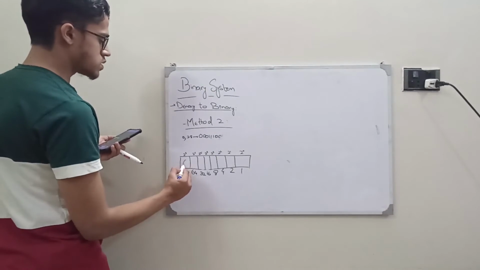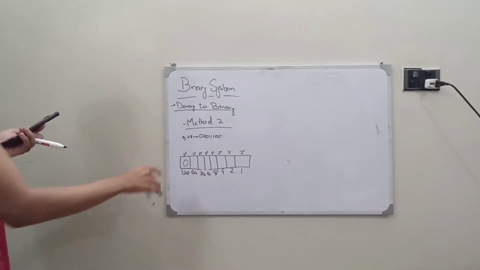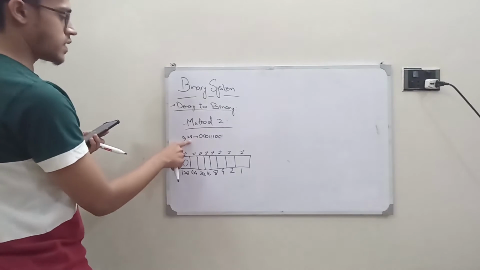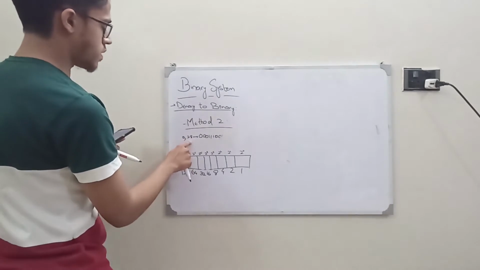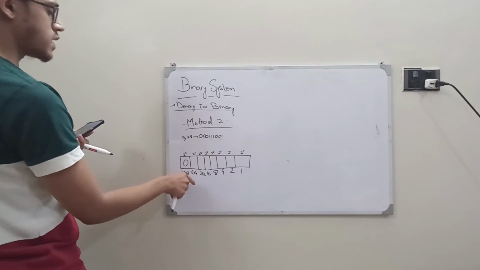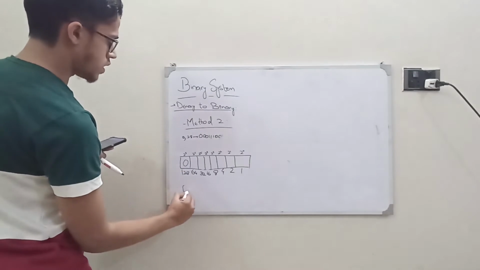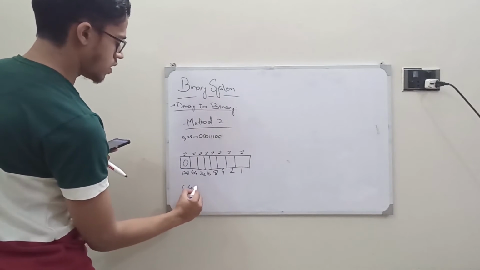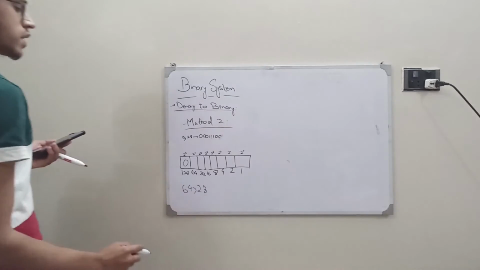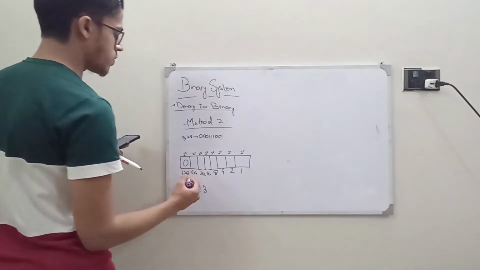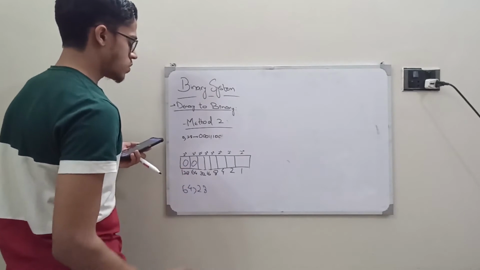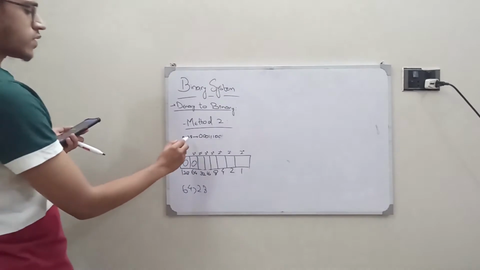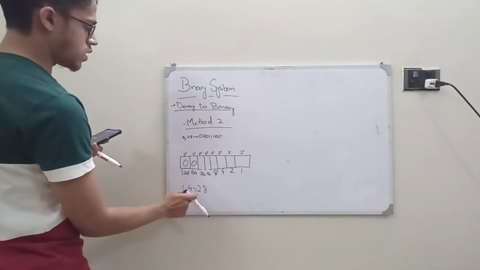So we will simply put 0 here. When we compare this number with the next one, which is 64, it is of course greater than 28. So this cannot be 1, because we do not need to add it in the final answer, so it becomes 0.